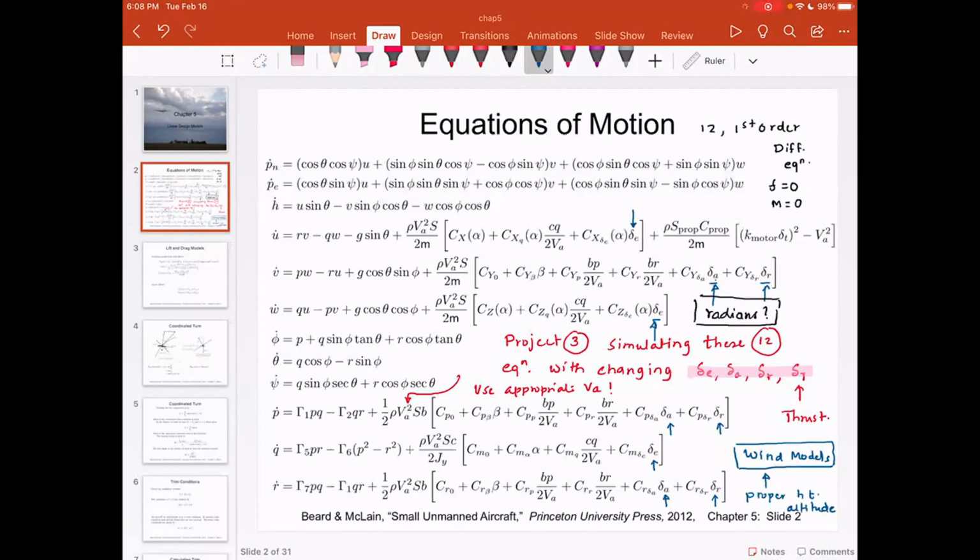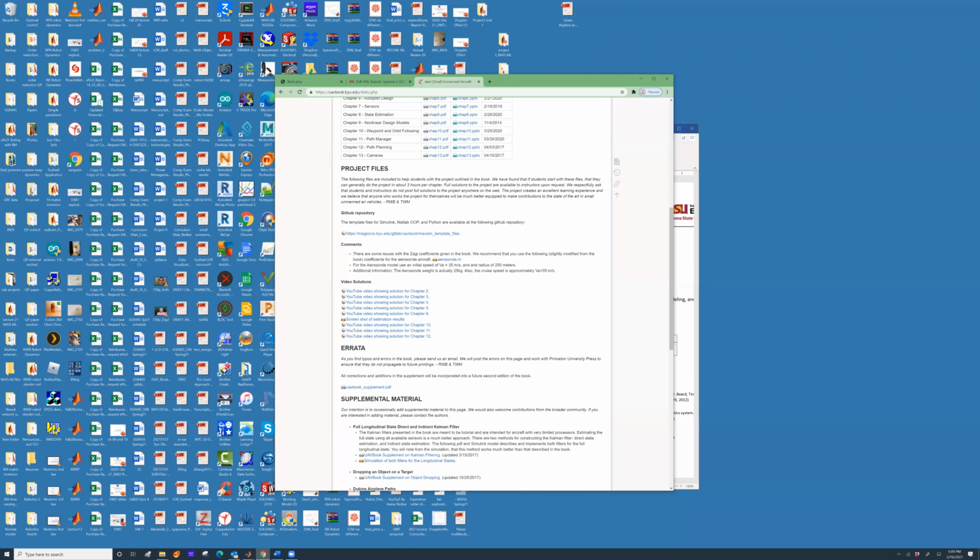And I would expect that as you refine your simulation, you do some searching, look at some papers and see how this aircraft, the Zagi aircraft, is simulated. I just want to show you very quickly. If you want to look at the references, check this website.